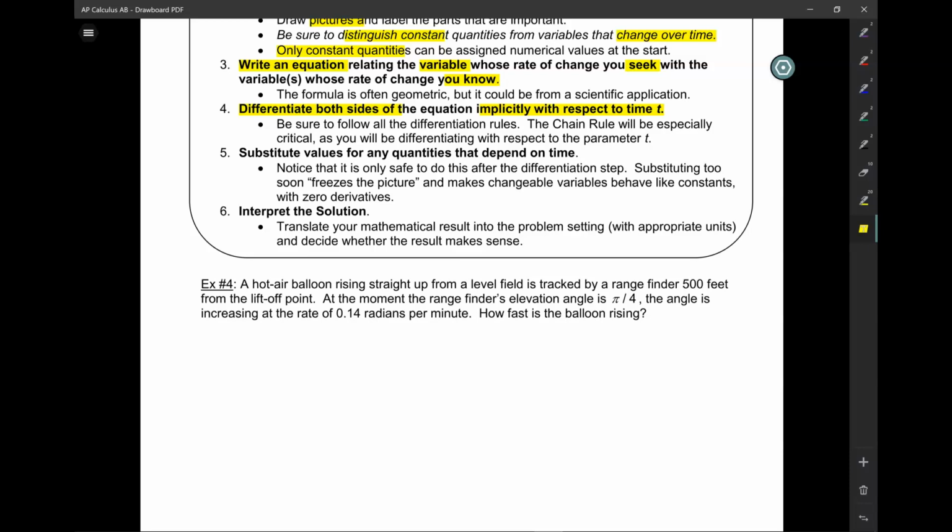Next, after you differentiate, substitute values for any quantities that depend on time. Okay, again, you can't substitute before you differentiate, all right? So it's only safe to do this after the differentiation step, okay?